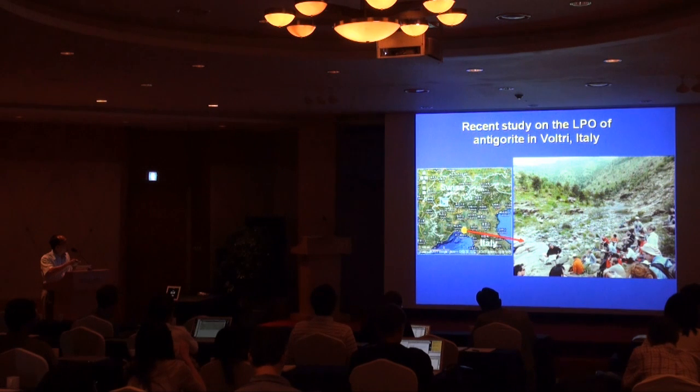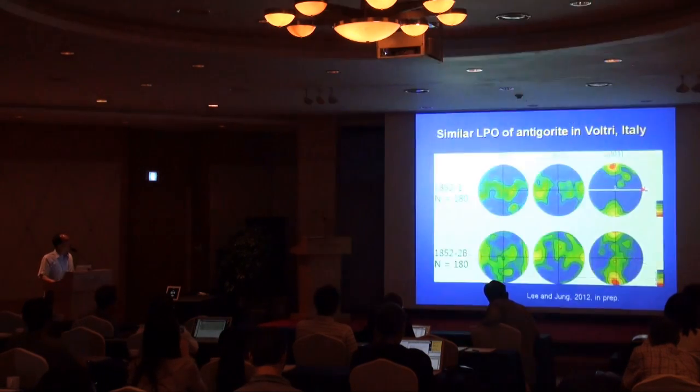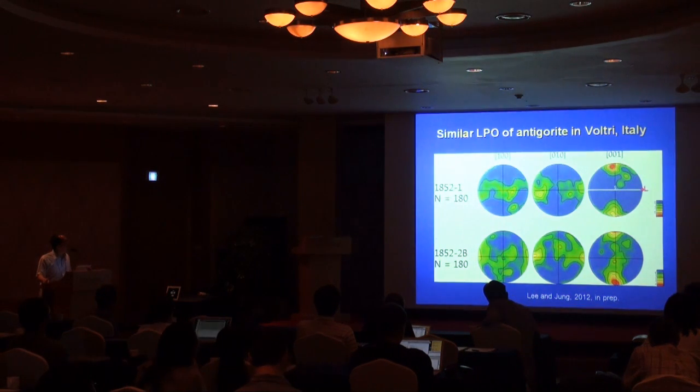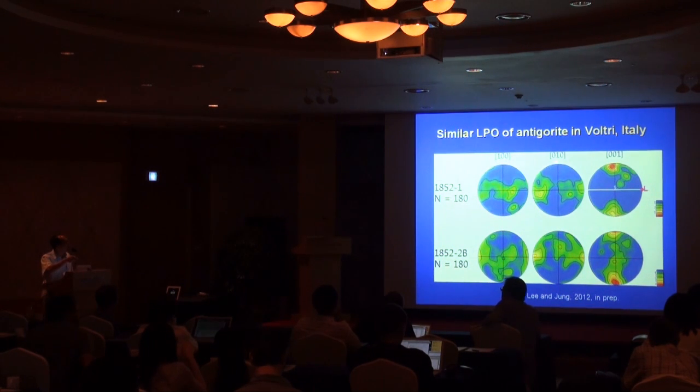The field trip was guided by Marco Scambelleri, and here's John Freeler, I think he was joining there and looking at it. We collected samples there. This is some work my student is looking at. He found one axis aligning normal to foliation, and also the 010 axis aligning parallel to lineation. This is quite consistent with the previous studies on the nature of serpentine fabric.